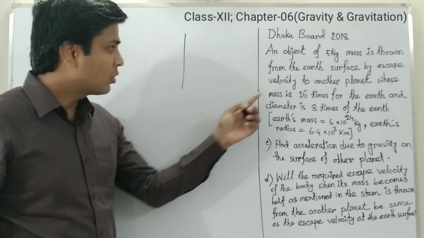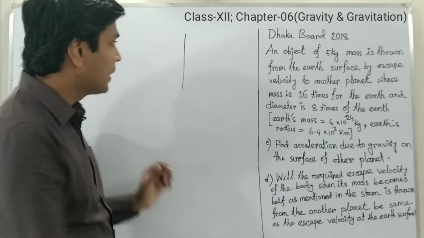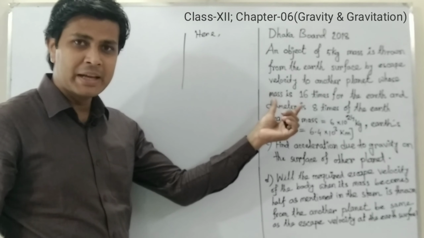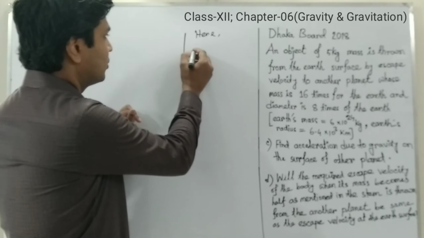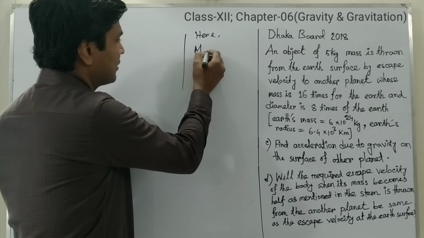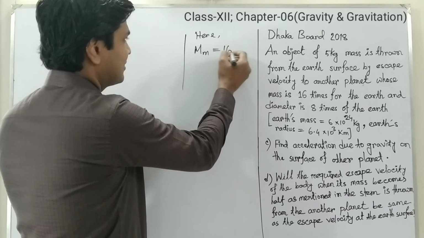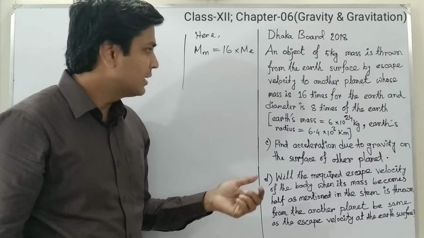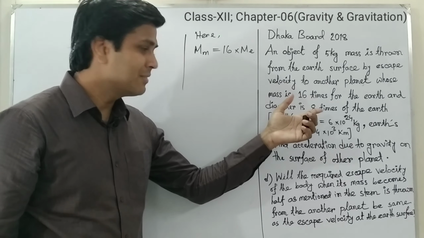First, we consider the condition given in the stem. Here, the mass of the planet is 16 times that of the Earth. So we can write mass of the planet Mm is 16 times the mass of the Earth, and the diameter of the planet is 8 times that of the Earth.